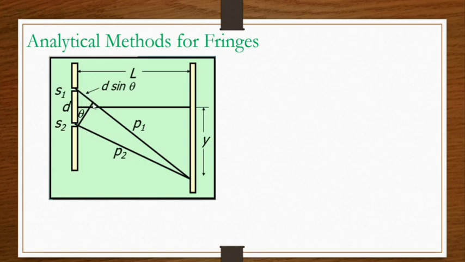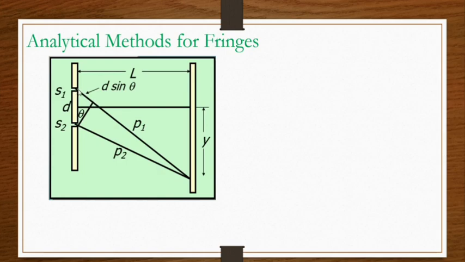And if I take a right angle line from this line to that point, I will have this. So this will be a right angle triangle. And if this is theta and the distance between the two slits is d, then I can find that the sine of theta will be this path difference divided by d.